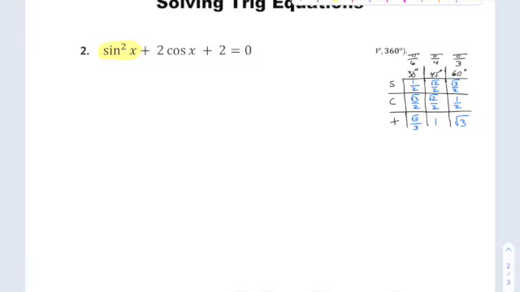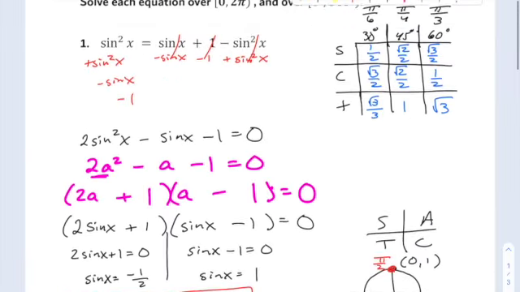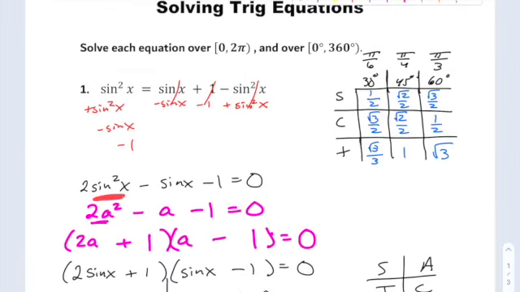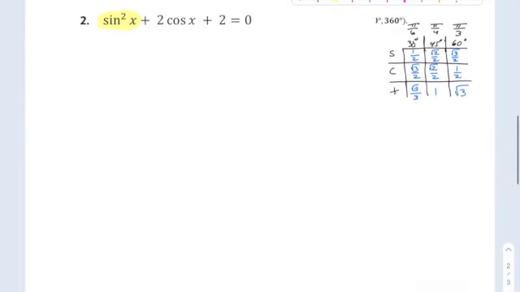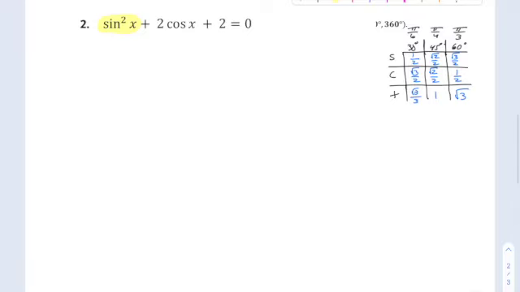And I have to use it here because I've got two different functions, sine squared and cosine, whereas in the previous problem, just to recap, it was sine squared and sine, the same trig function of sine of x. If you need a little refresher, the one that uses sine squared is sine squared plus cosine squared is equal to 1. So I'm going to take out sine squared. What is sine squared equal to? 1 minus cosine squared.